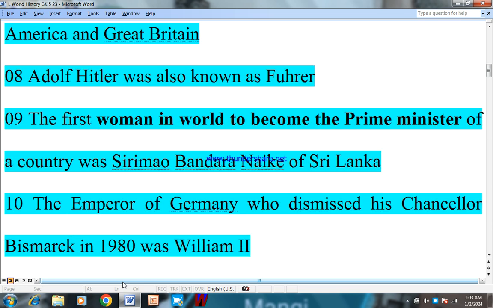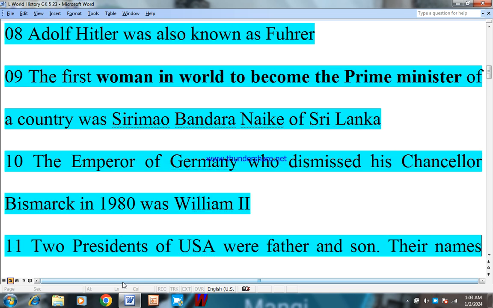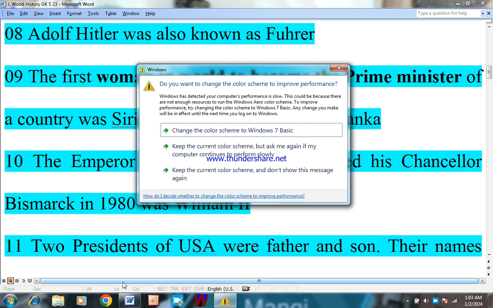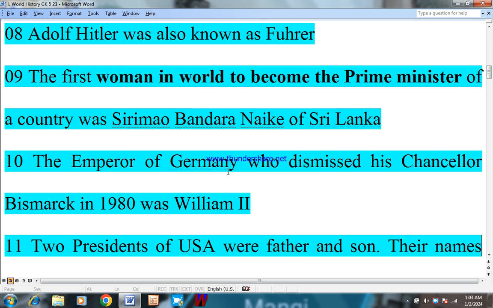Number 8, Adolf Hitler was also known as Führer in history. Number 9, the first woman in the world to become the Prime Minister of a country was Sirimavo Bandaranaike of Sri Lanka.